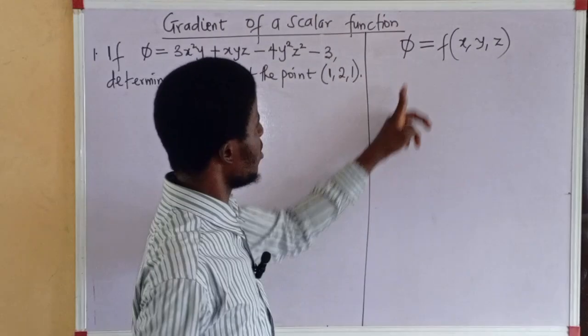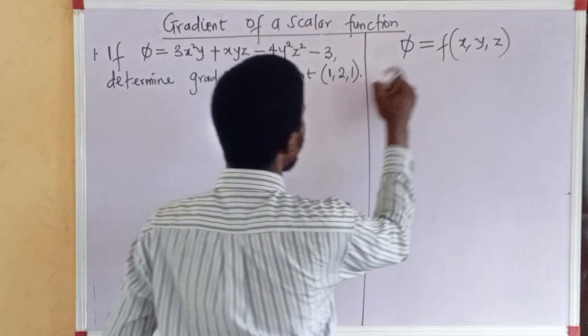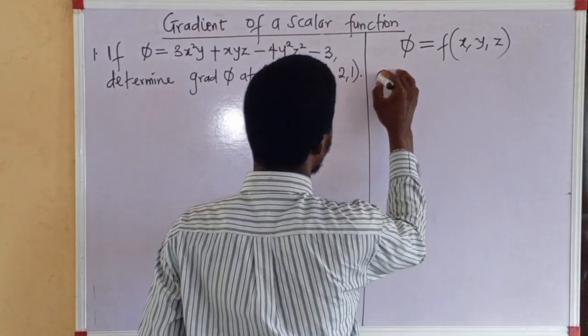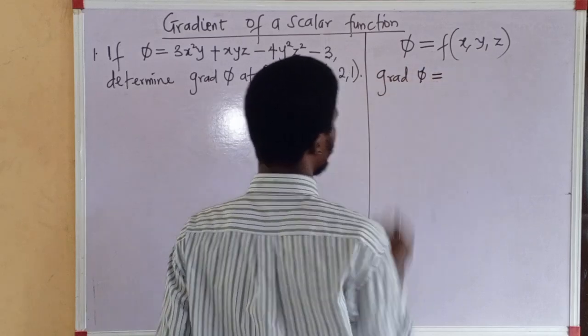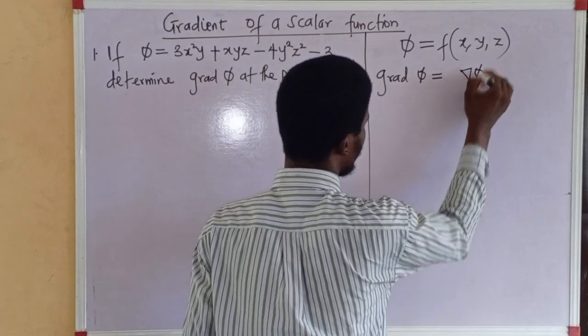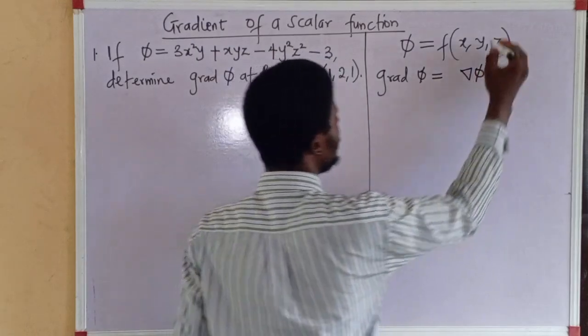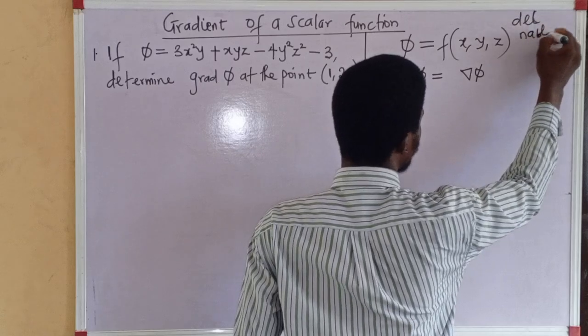We can determine the gradient of this scalar function. The gradient of phi, grad of phi, or we use the symbol. This symbol is pronounced as del or nabla sometimes.